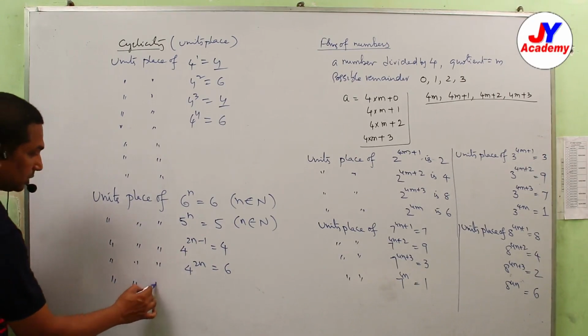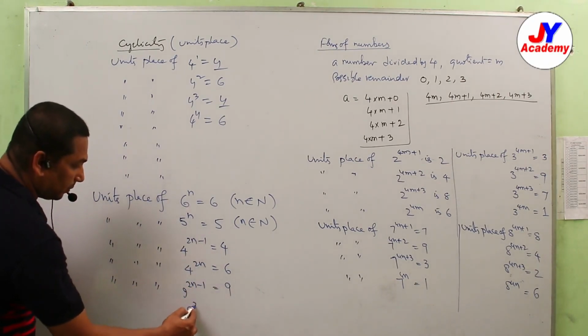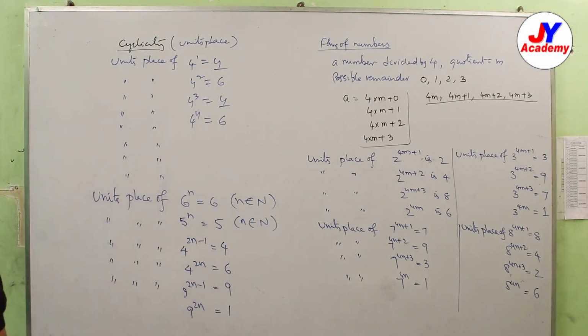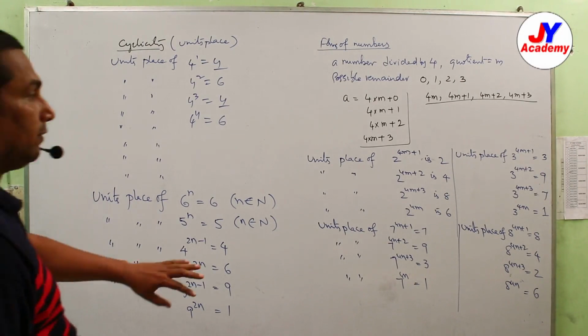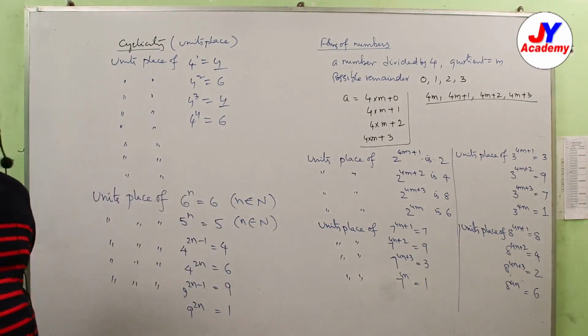In the same way, units place of 9 power odd is 9, 9 power even is 1. So these are the units places of all the digits. If any number is given, then we can find the units place by taking these values. Let's go through here.